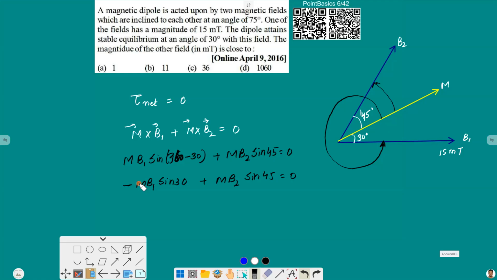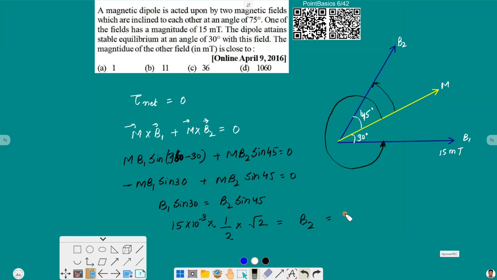Equating both of these, taking M common and cancelling it, we will have B1 sine of 30 is equal to B2 sine of 45. Value of B1 is 15 millitesla into sine of 30 is half, and sine 45 will be 1 by root 2. So root 2 comes on top, and this is B2 for us.